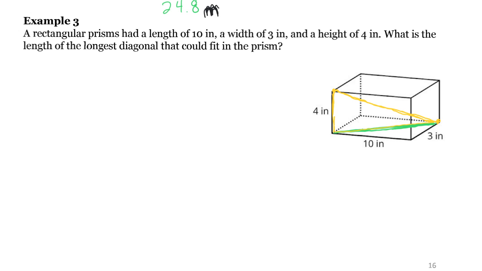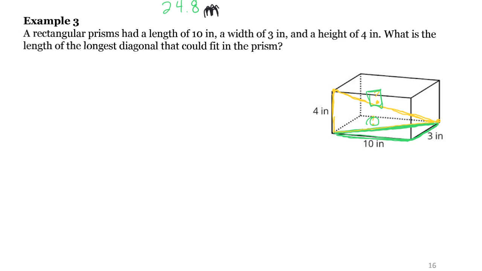So if we were doing the problem as is, we wouldn't know this diagonal or this bottom diagonal. So we need to find that bottom diagonal first. And we do that by taking the bottom diagonal, the width, and the length of the prism. So we have to find the green diagonal first. And then that would give us some number here, so then we can find the true diagonal.